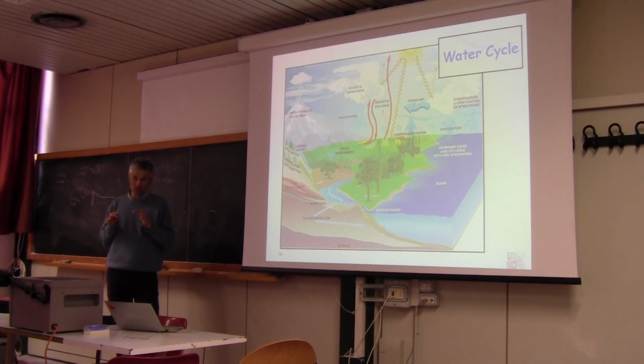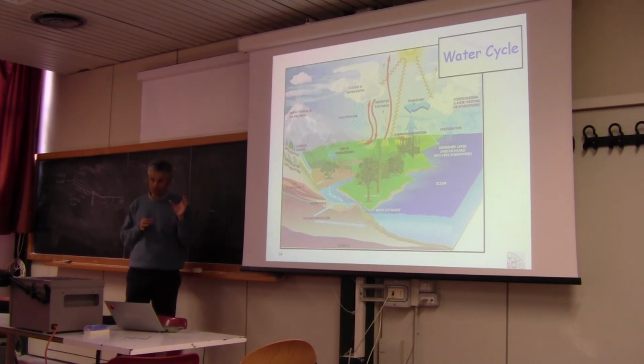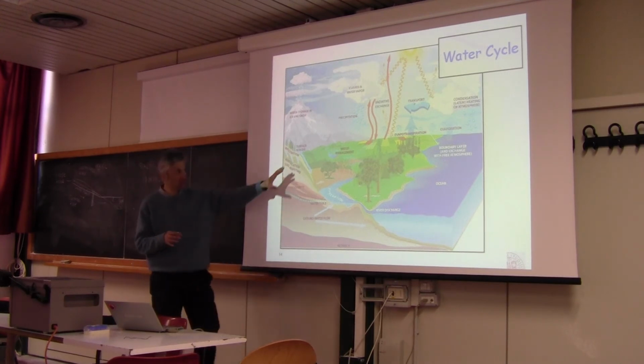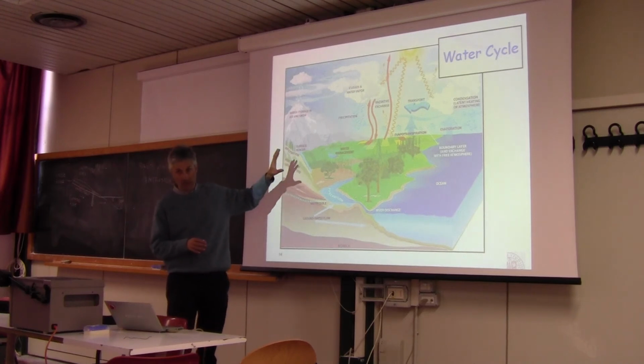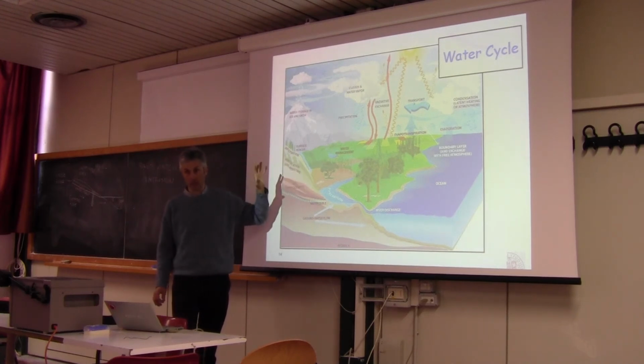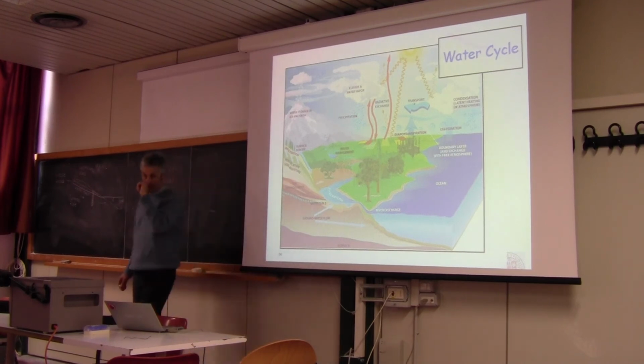But in those modified parts, which are the most important for humans, because humans live there, the water management is interfering abruptly, very significantly, with the hydrological cycle. And this is one thing that needs to be carefully considered.